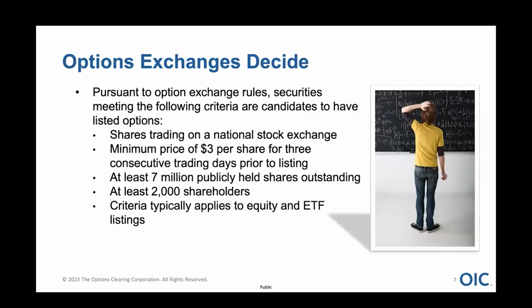All right, so before we get started, one of the biggest questions we get at OCC is, who determines which products get options listed on them? Not all securities have options on them. This is the criteria that exchanges use before they list options on a product. Shares must be trading on a national stock exchange. They can't be trading on the pink sheets or OTC market.